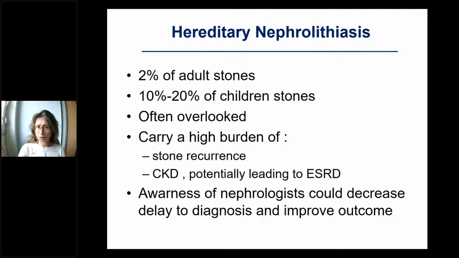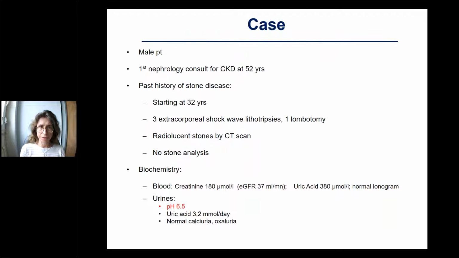It is very often overlooked, but it carries a very high burden of stone recurrence and chronic kidney disease, potentially leading to end-stage renal disease, as we will see here today. And I think that awareness of nephrologists could decrease the delay to diagnosis and improve outcome for these patients.